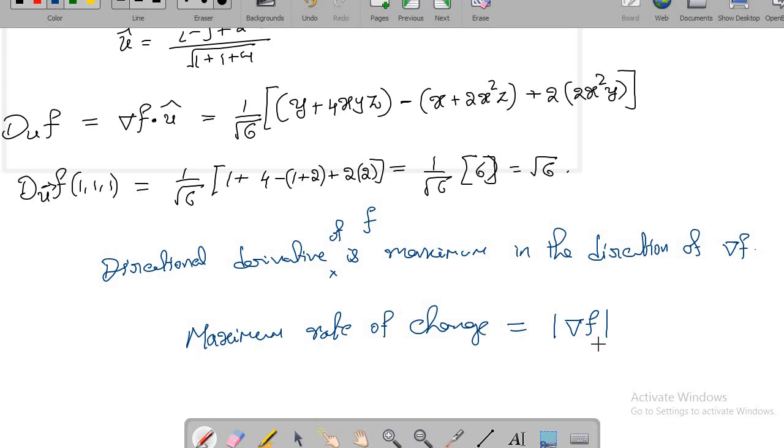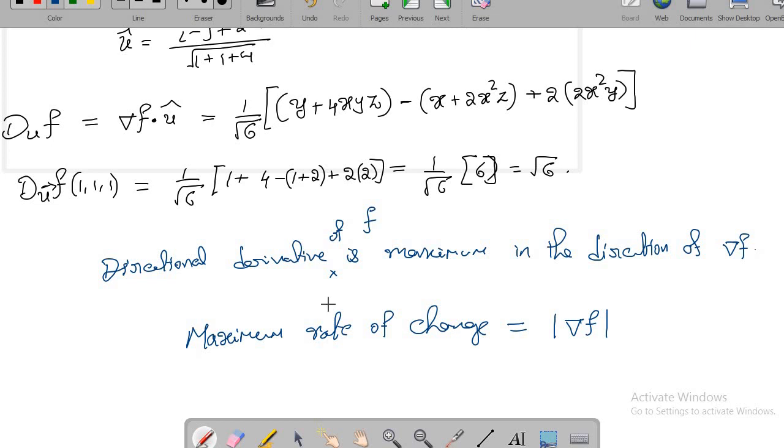So the fastest increase and the fastest decrease. The fastest increase happens in the direction of grad phi, whereas the fastest decay happens in the direction of negative grad phi. And the minimum rate of change is negative of the absolute value of grad f.